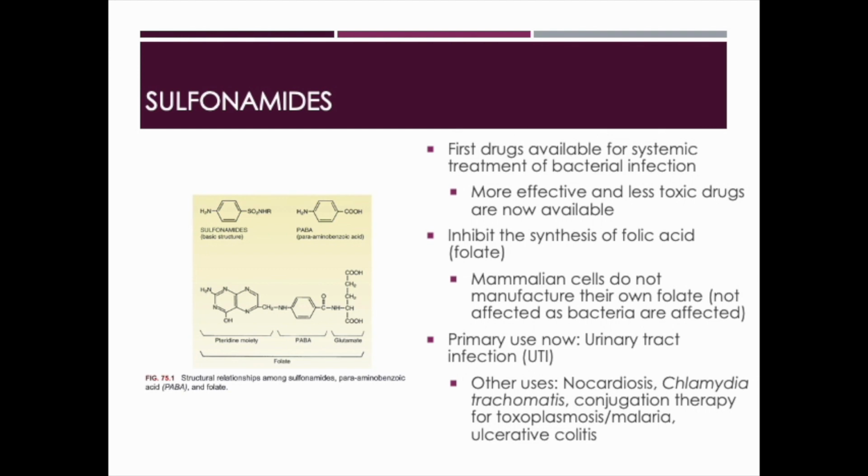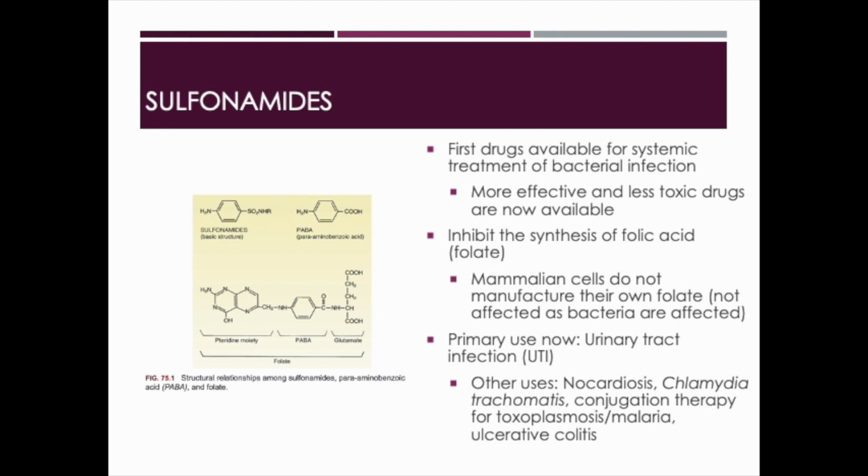Now, if all cells require folate, then how come sulfonamides don't harm our human cells? It all goes back to how mammalian cells, or human cells, acquire folate versus bacteria. Bacteria are unable to take up folate from the environment, so they have to synthesize it from precursors like PABA.